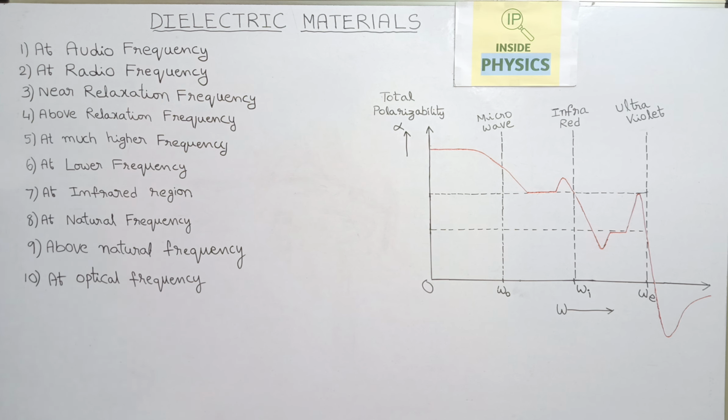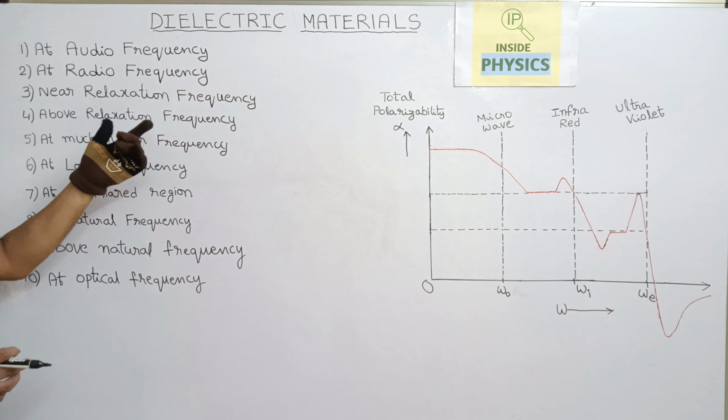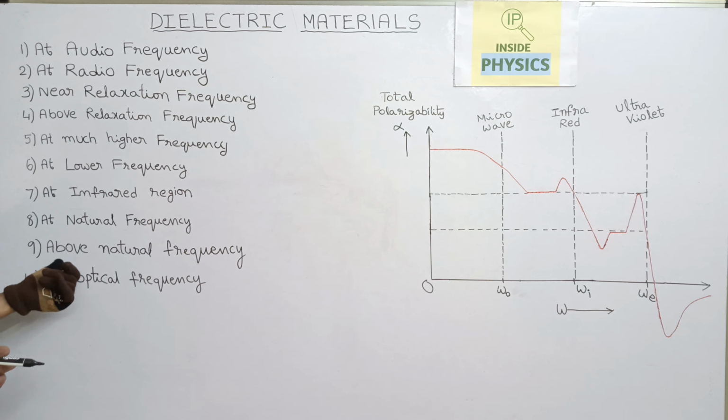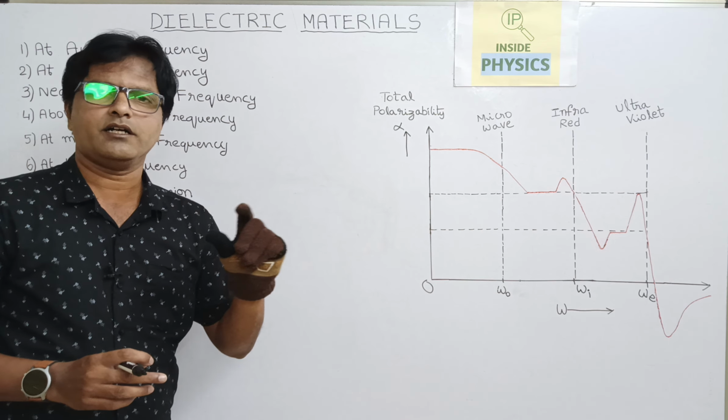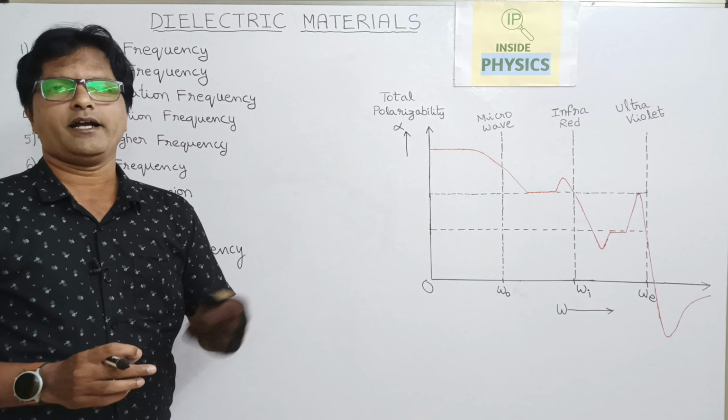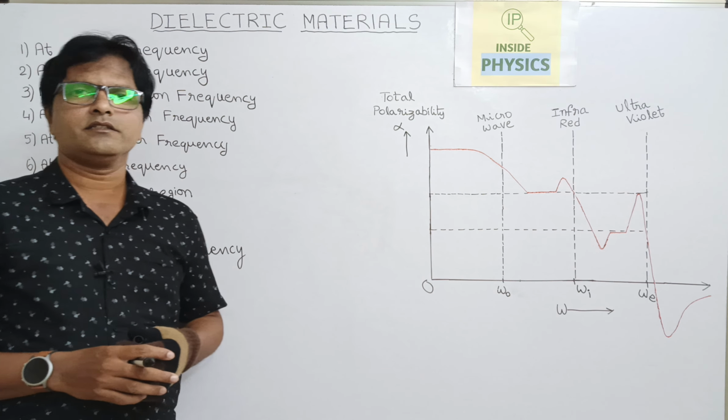Okay. Next, above the natural frequency. What happens above the natural frequency? Just as we discussed for much higher frequencies than the relaxation frequency, here above the natural frequency, the frequency is not matching with the natural frequency of the atom. What happens generally?